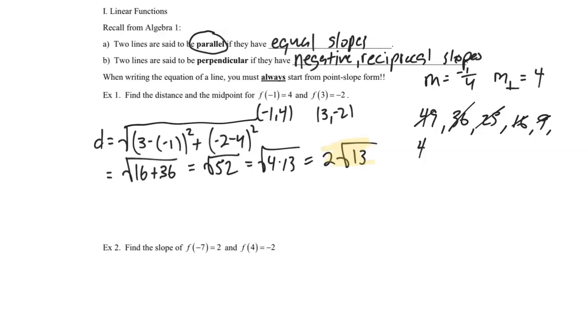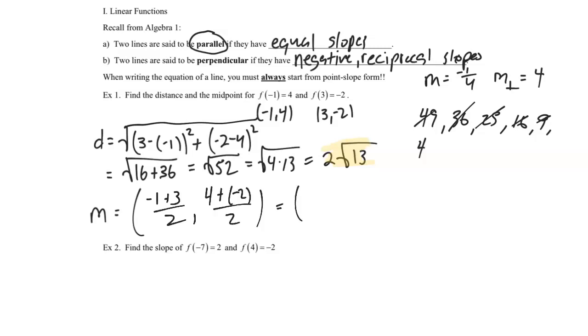Now, to find the midpoint, we're again going to use the formula. Whoops, sorry about that. Let's use a pen and not a highlighter. For the midpoint, this is basically the average of the x and the y coordinates. If you find the average of the x coordinates, you add them together and then divide by 2. And for the y coordinates, you're also going to add them together, so 4 plus negative 2, divided by 2.